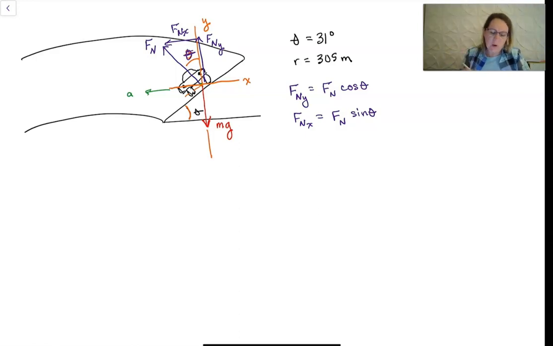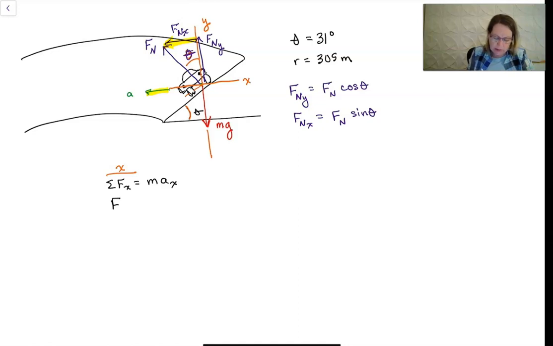And what I can see right away is that the x component of this normal force is what's going to provide my acceleration. So if I do F equals ma into components, I have the x component, adding up all the forces equals mass times the acceleration in the x direction.